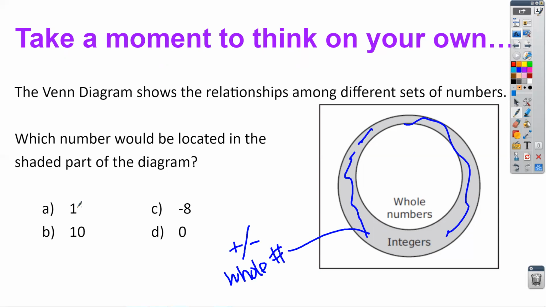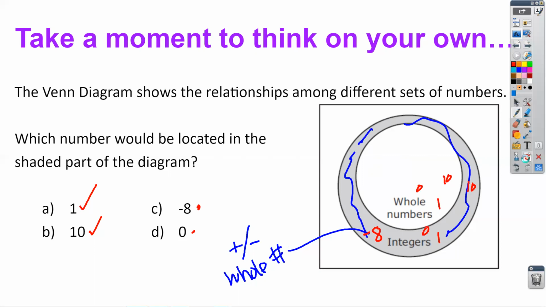Well, 1 is a whole number, and it's also an integer, so 1 would appear here and here, technically. 10 would also appear as a whole number and an integer. -8 would appear as an integer, because that's negative, and 0 is a whole number and an integer.